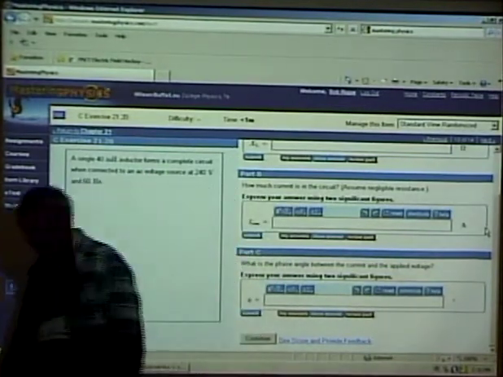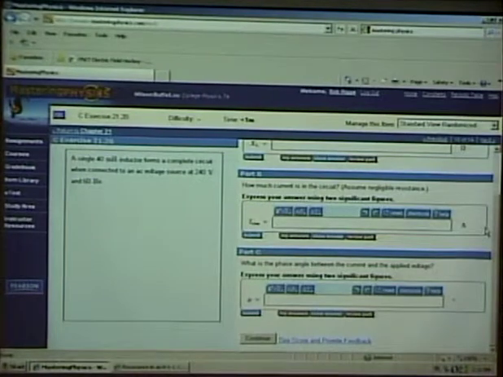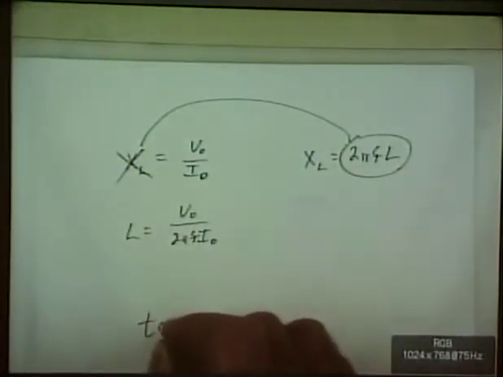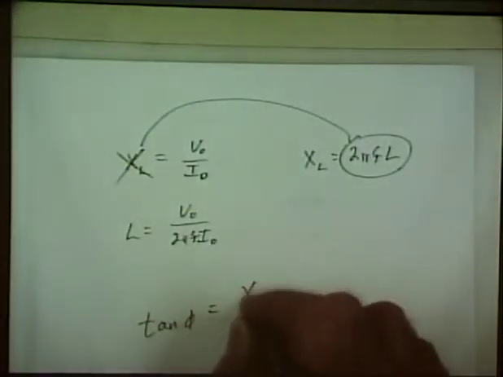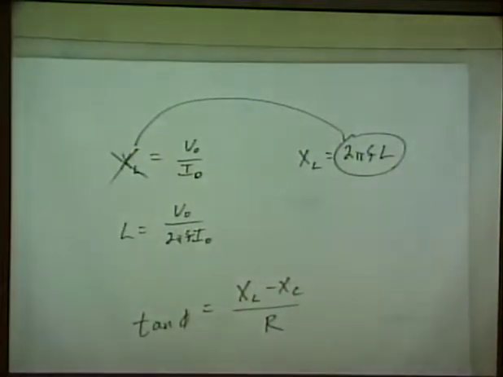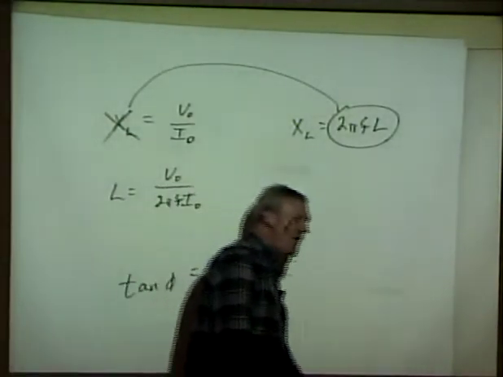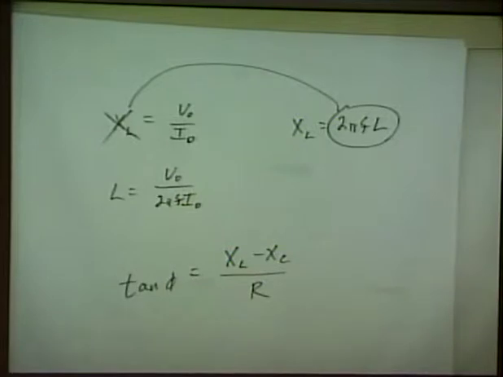I think we learned that the phase angle looks like this. Hold on a second. Let me go to the doc cam. We said that the tangent of the phase angle is equal to XL minus XC over R, right? Isn't that what we said? Now, what happens if you don't have an R? If R is 0, what does that right side go to?